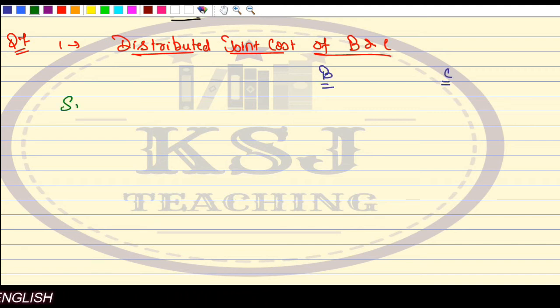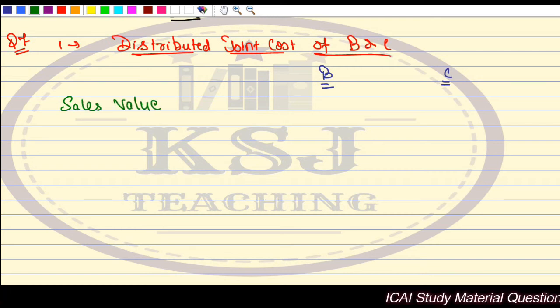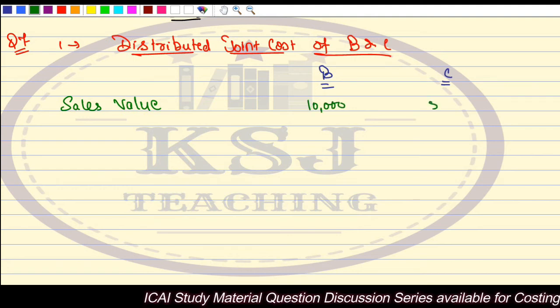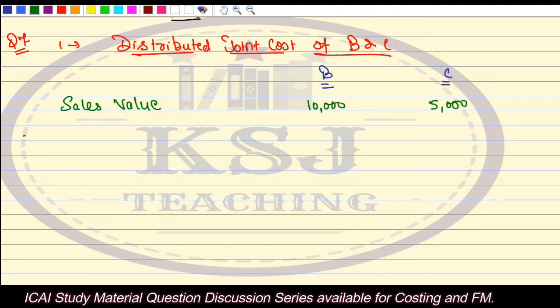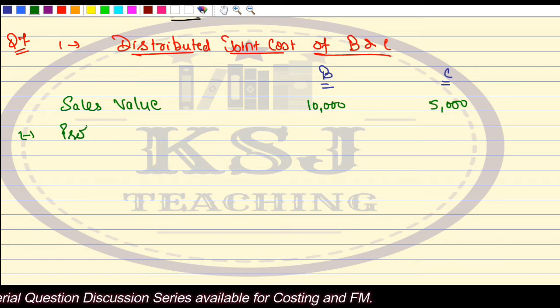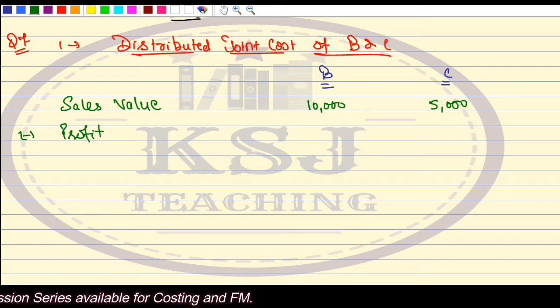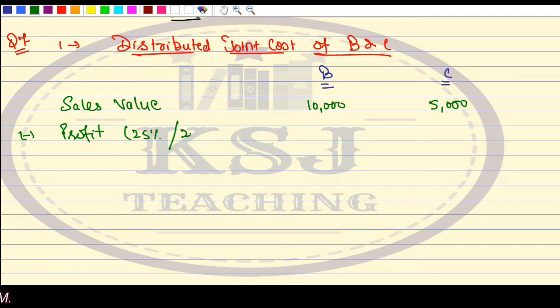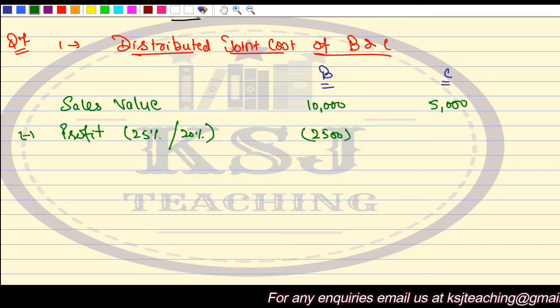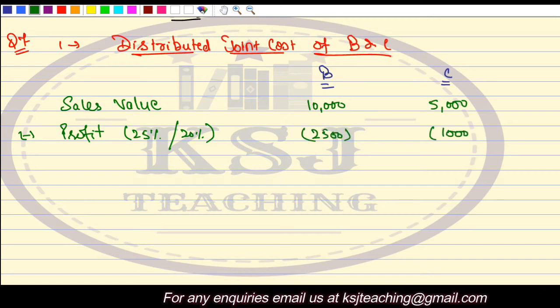First thing that you need to take is sales value, that is given to you as 10,000 and 5,000. From sales value, you will subtract the profit. The profit is 25% for B and 20% for C on sales value. So 25%, 2,500 you will subtract, and from here you will subtract 1,000.